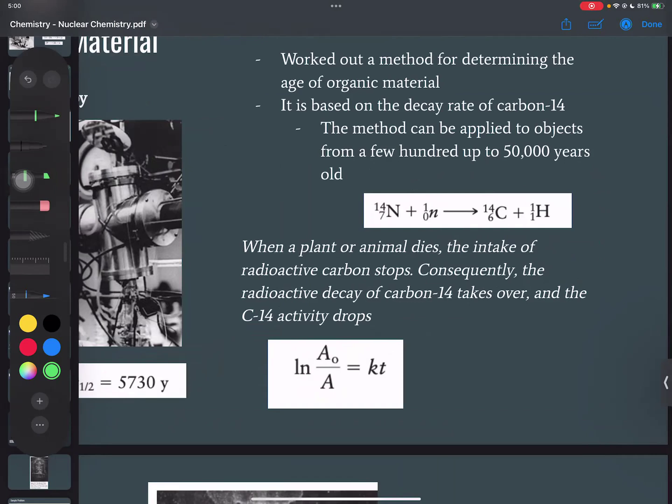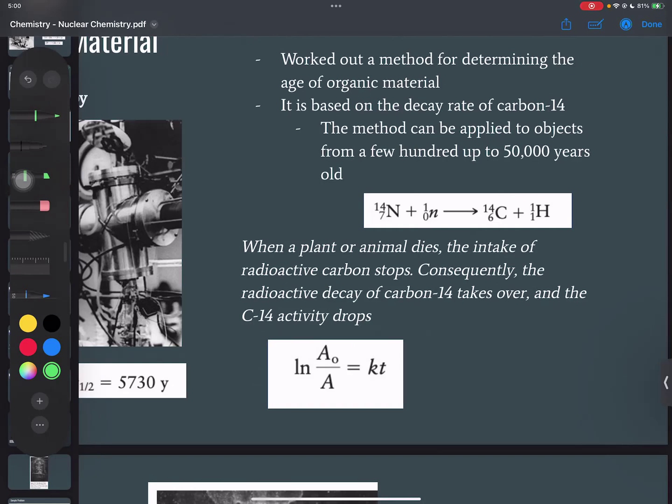The carbon-14 formed by this nuclear reaction is eventually incorporated into the carbon dioxide in the air. At a steady state concentration, amounting to about 1 atom of carbon-14 for every 10 to the power of 12 atoms of carbon-12, it is established in atmospheric CO2.